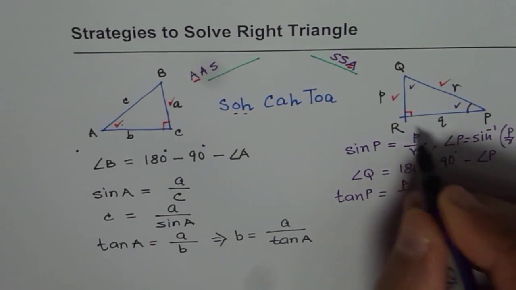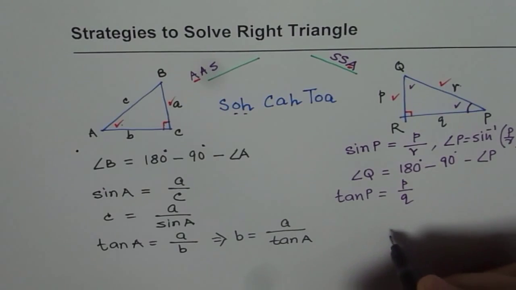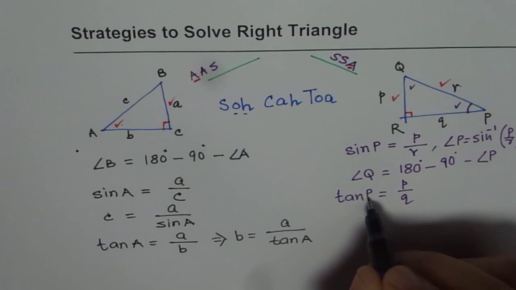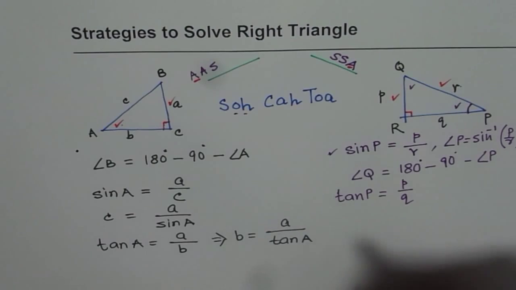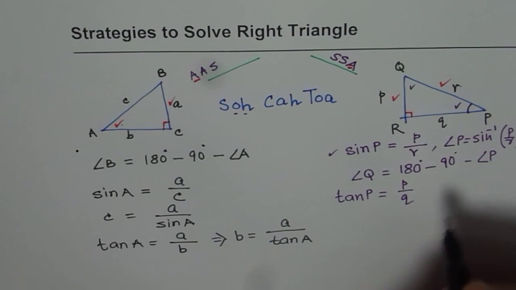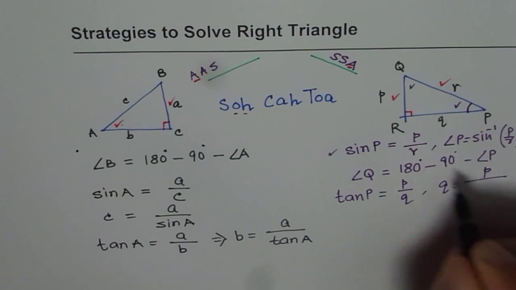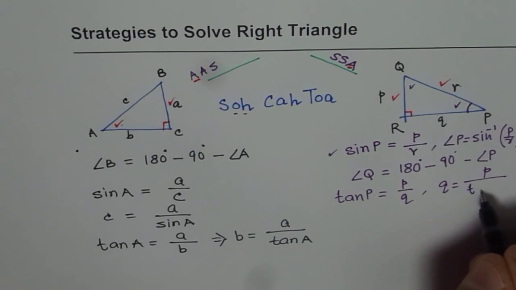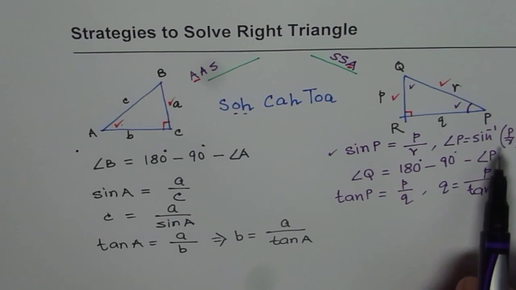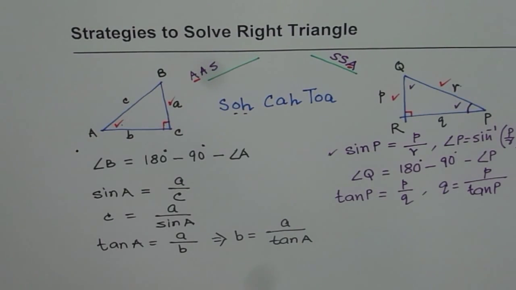Tan P, angle P is calculated already, is known to us, so q can be written as the side length p given to us divided by tan of P, which we have calculated. So that is how you can solve your triangle using primary trigonometric ratios, right? I hope the steps are absolutely clear to you.